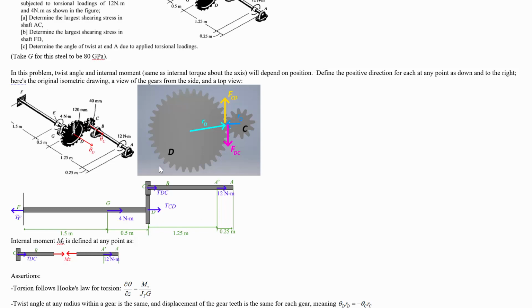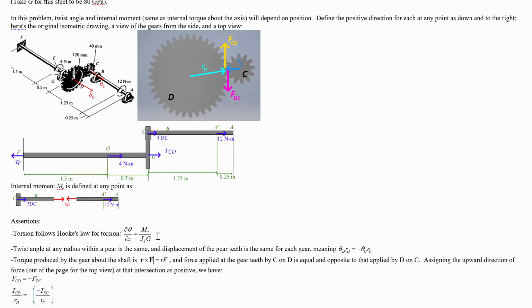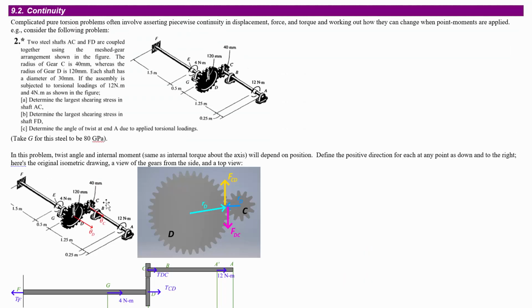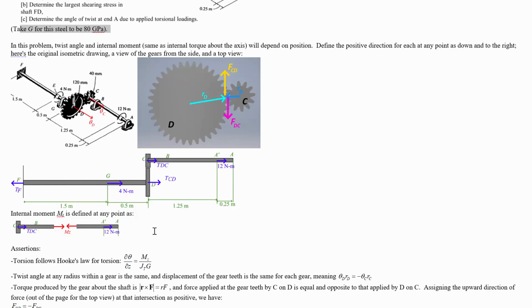So we've got a couple of different things. We've got Hooke's law for torsion, which lets us relate the slope in the angle per step in Z to the internal moment and the torsion constant and shear modulus. We can figure out what the torsion constant is by knowing that it's a 30 millimeter diameter, and we are given the shear modulus for this rod.